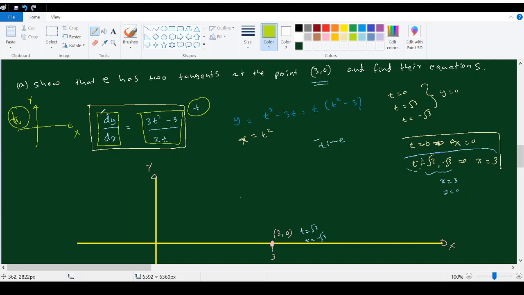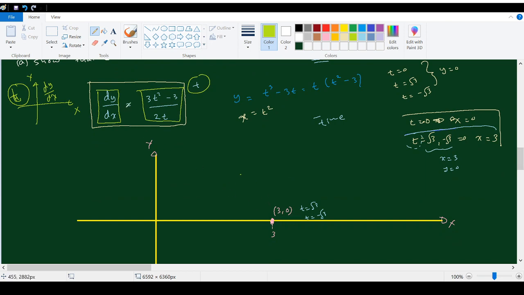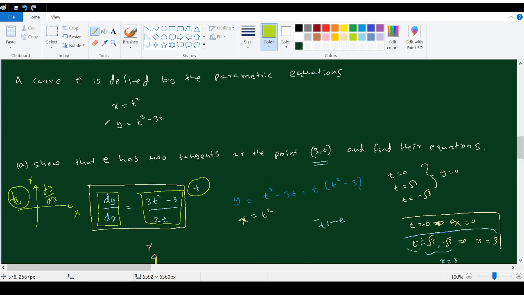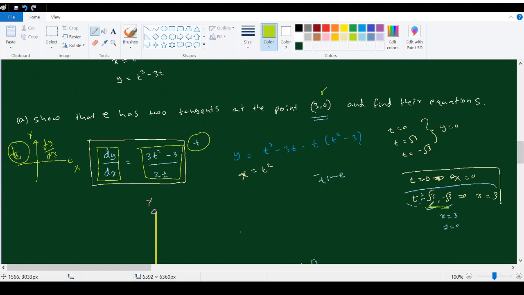But still, due to these parametric conditions, we were able to write down a relationship for dy by dx with the help of t, right? And as we are supposed to compute the tangents at this point, we saw that there are two t values, namely square root of 3 and negative square root of 3.